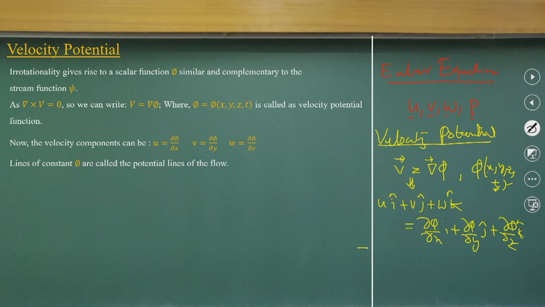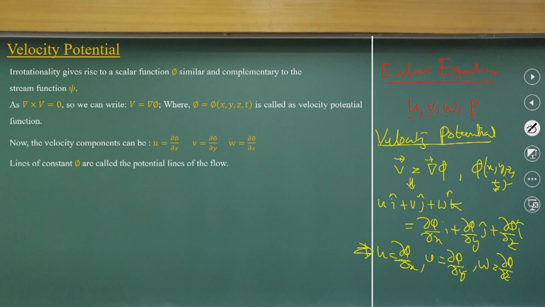So, what does it indicate? It is very simple: u is equal to del phi by del x, v, the small v scalar component, is del phi by del y, and w will be the scalar component del phi by del z. Okay.